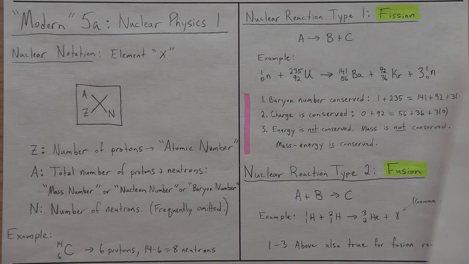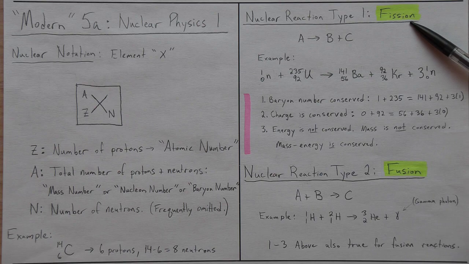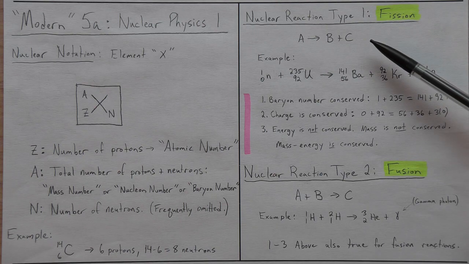Okay, so the other thing we're going to talk about are types of nuclear reactions. The first of the two types we're going to talk about today is called fission. Fission is when an atom, or nucleus I should say, falls apart. And here's the key thing.